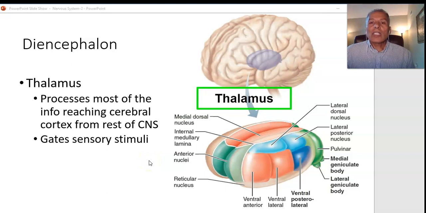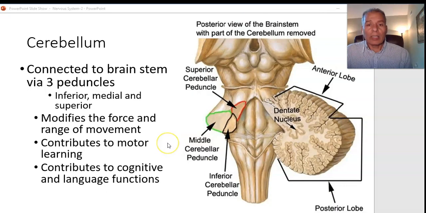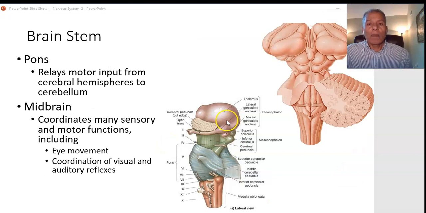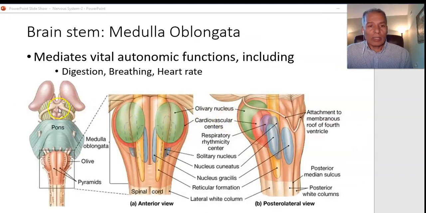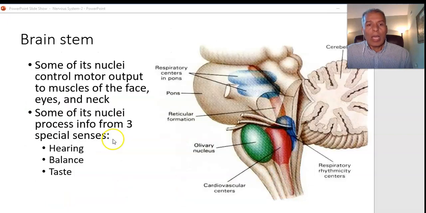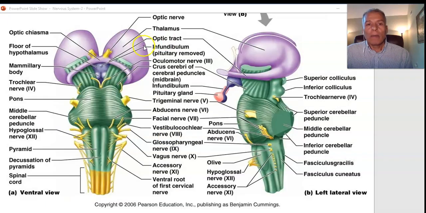The diencephalon, as I explained, is the structure that sits on top of the brain stem, and it has the thalamus on one side, another thalamus. You call these together the thalamic nuclei.